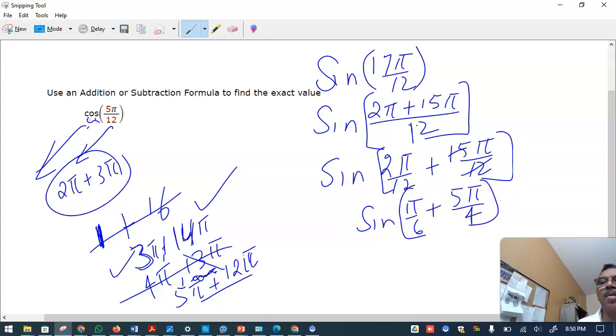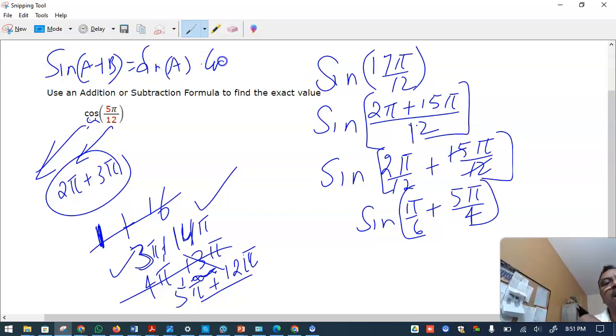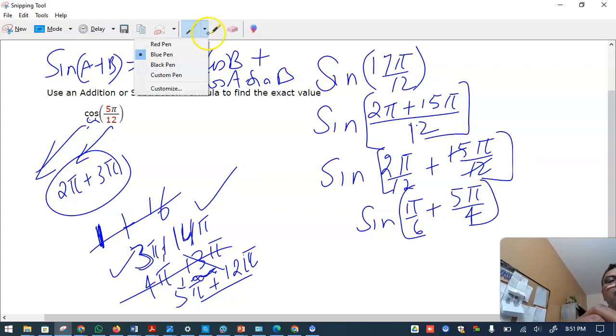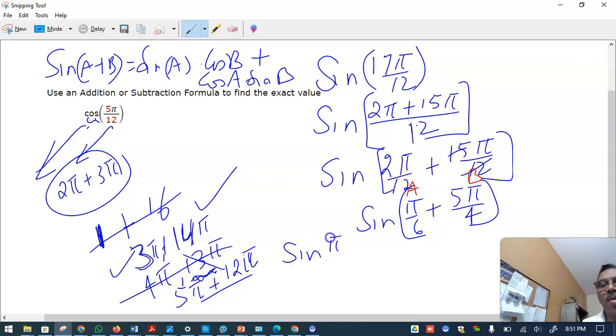Now you use the formula for sine of A plus B, which is sine A cosine B plus cosine A sine B. So this is A and this is B. Therefore this will be sine of pi by 6, then cosine of 5 pi by 4, plus cosine of pi by 6.